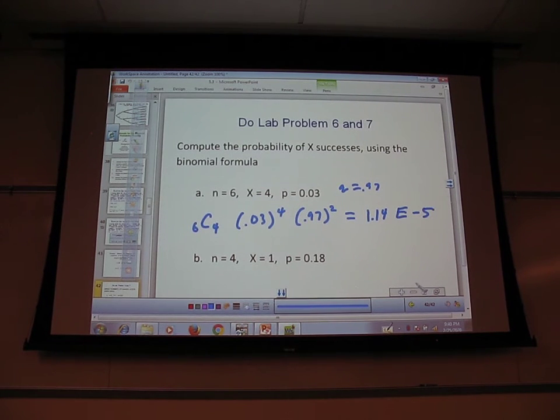What does that mean? Move the decimal place over 5 times to make it smaller. Easiest way to do this is to add E negative 5 zeros, 114, and then put your decimal place after the first 0. That's the easiest way to do that.